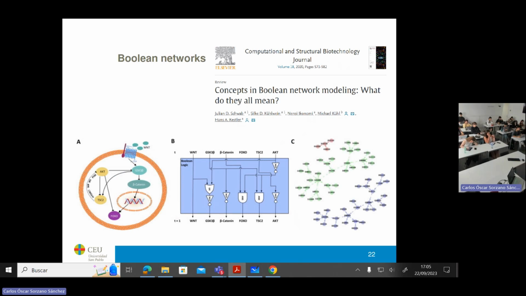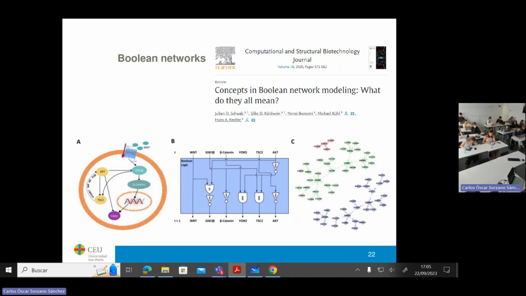And now we will introduce a different kind of models, and that means Boolean networks. So a Boolean network is a network in which we have a protein, and we have some other proteins, and there are circuits between those. So you can represent it in this way, but also represent it in this way.